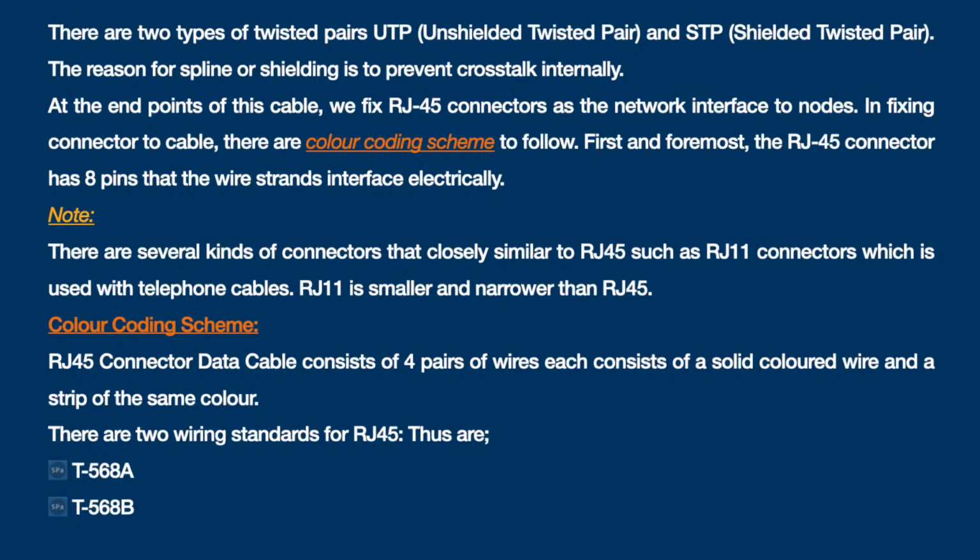So moving forward, there are two types of twisted pairs. That's another thing we are looking at. We are looking at the cable, either cat 5, cat 6, whatsoever. We are talking about their nature now. There are two types of this twisted pair cable.